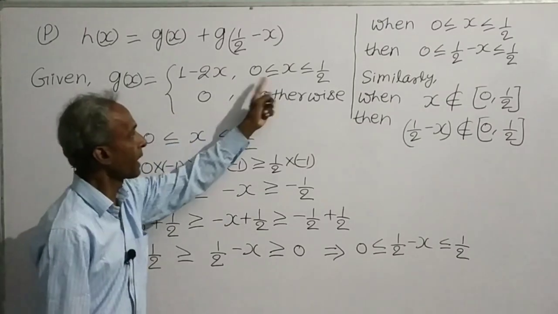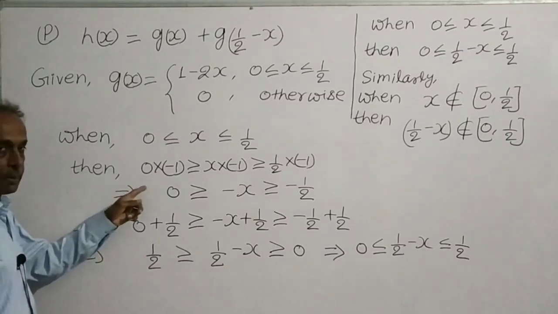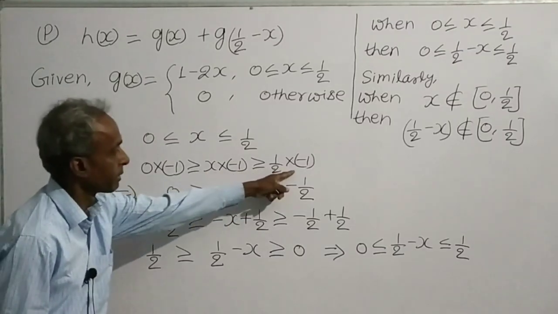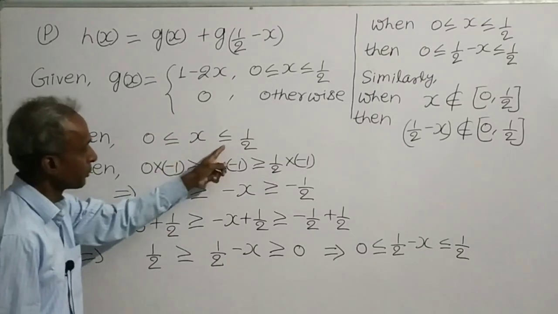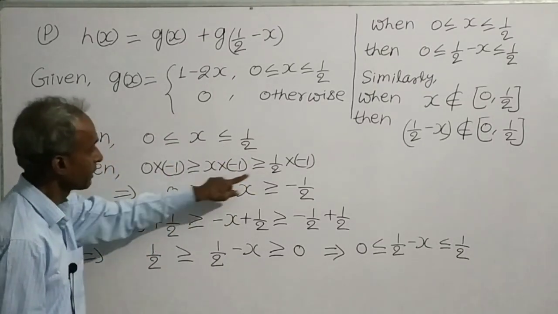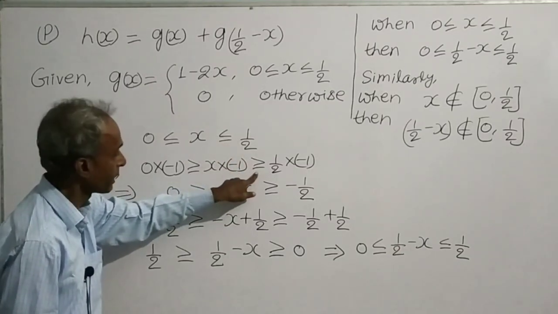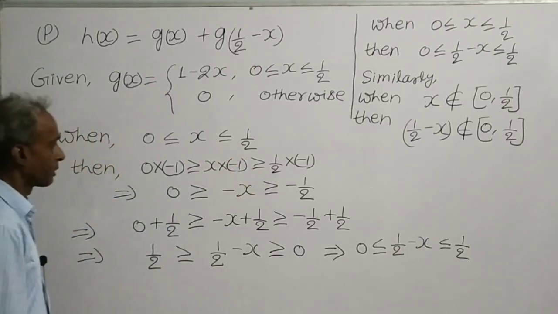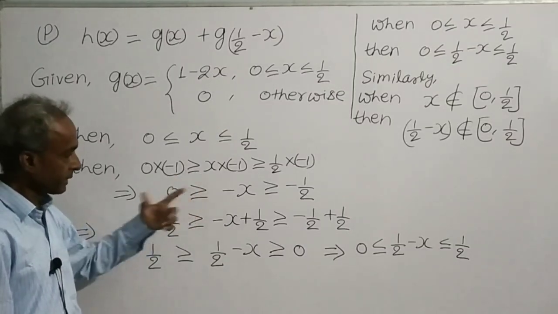When x lies in this interval, multiplying by minus 1, this inequality will reverse. Less than or equal to will be converted into greater than or equal to. This gives this.